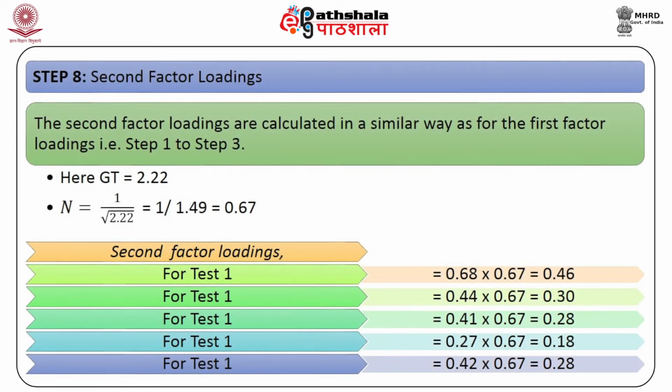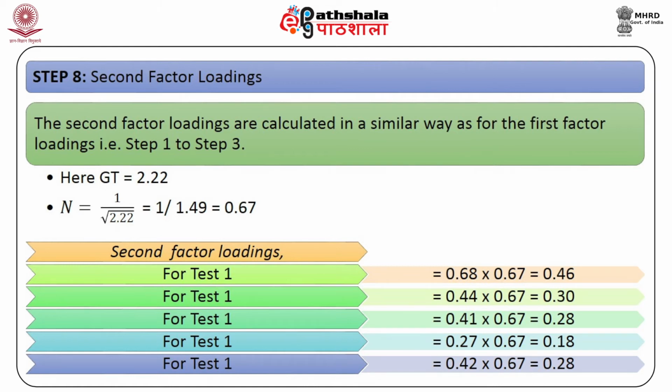The next step is to find out the second factor loadings. The second factor loadings are calculated in a similar way as for the first factor loadings, that is, we exactly follow the steps that we had done in step 1, 2 and 3, and we find the grand total 2.22.